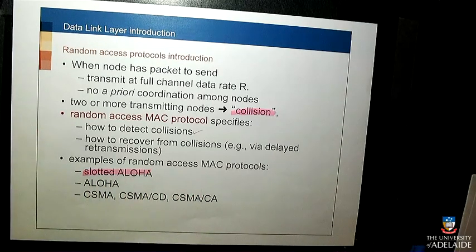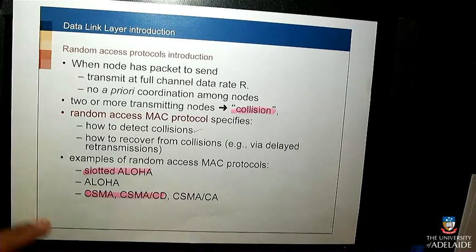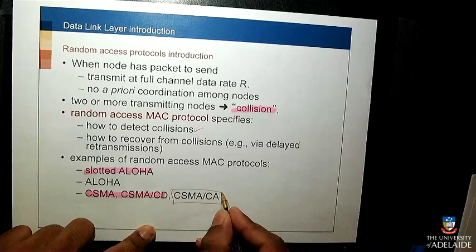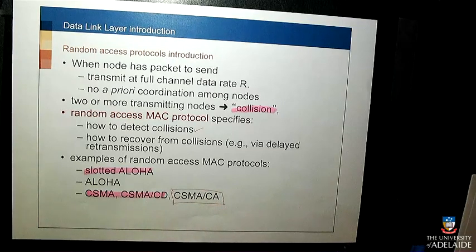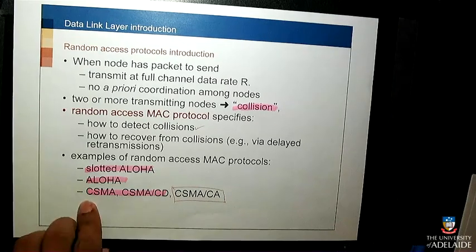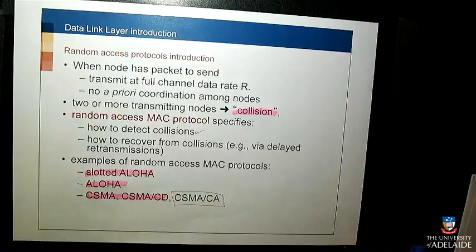Every computer network student should know this one, I guess. Then there's also carrier sense multiple access and carrier sense multiple access with collision detection. I think we're not going to look at this one anymore. So we're going to look at these guys, okay? Slotted aloha, and carrier sense multiple access with collision detection, right?